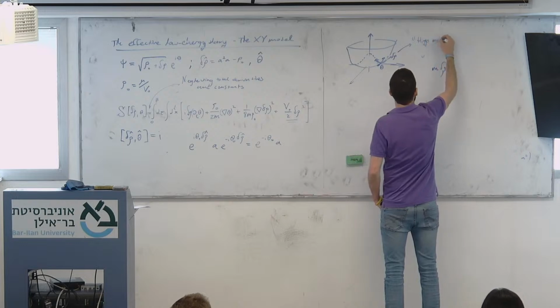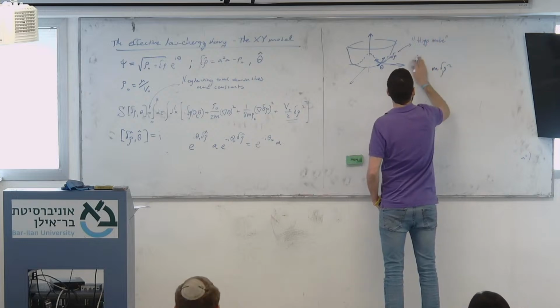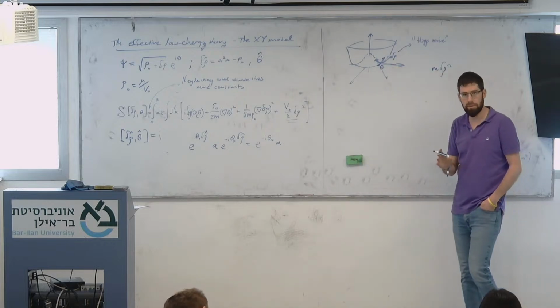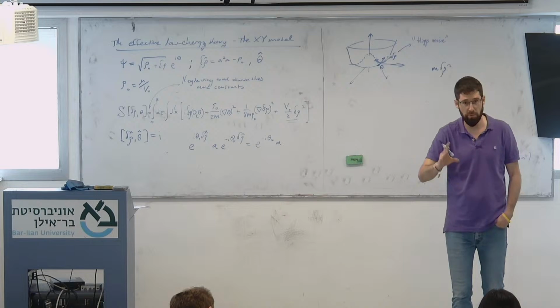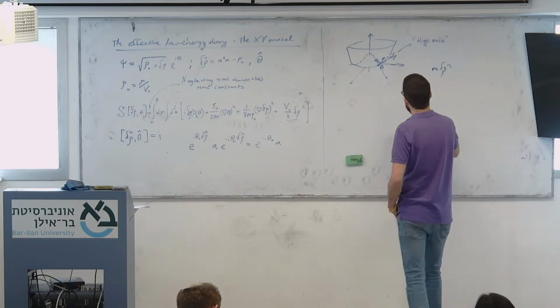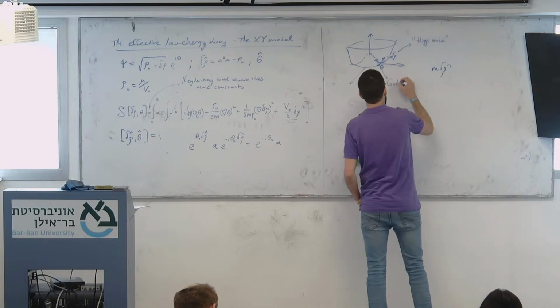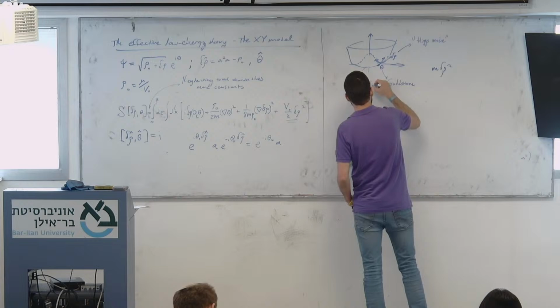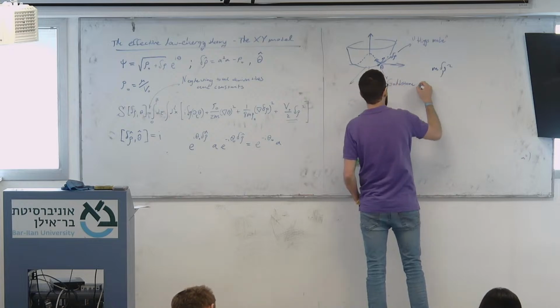It's actually not related to what is known as the Anderson-Higgs mechanism, which we will learn, but it's called Higgs mode. And this is called the Goldstone mode, or maybe Nambu Goldstone mode.